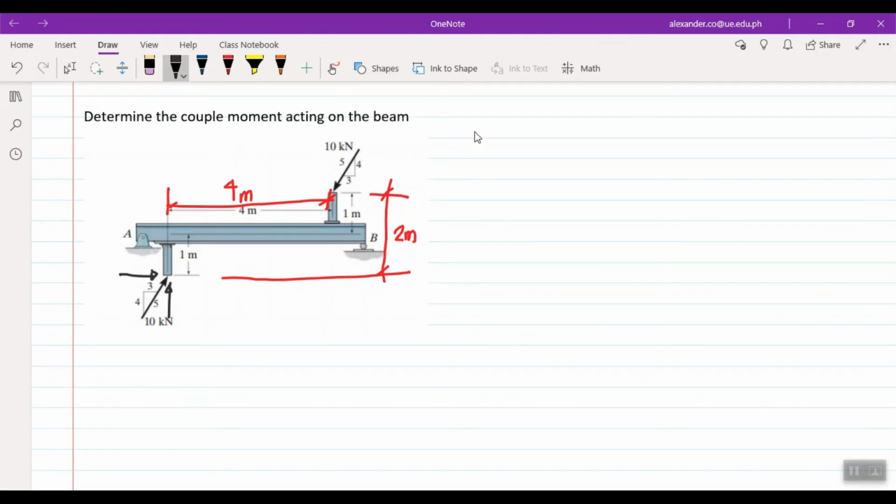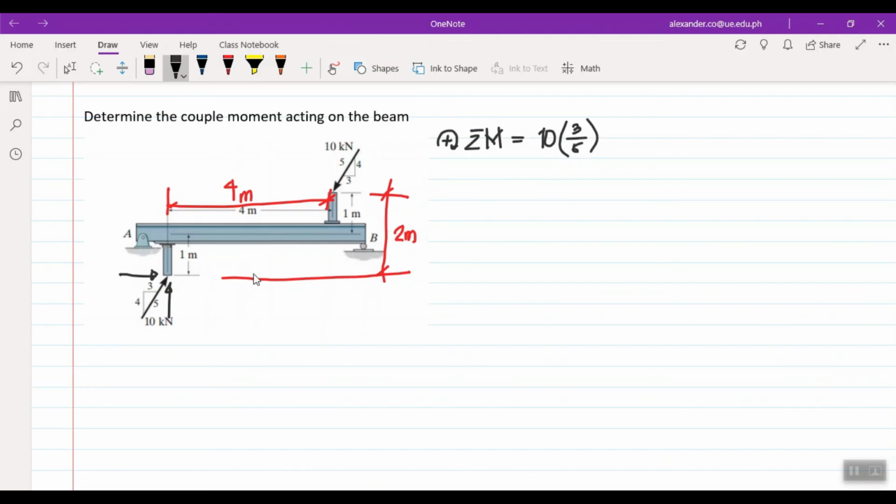So we can solve right away. The summation of moment, with clockwise positive, will be equal to, let's get the x component first. The x component of this is 10 times its slope, 3 over 5.